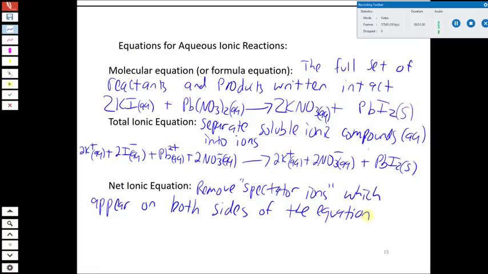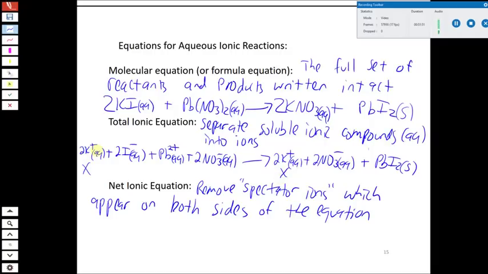They appear as a reactant, they appear as a product. In net, nothing is happening with them, so you cancel them out as what are called spectator ions. So if we look at this total ionic equation, we see that we have 2K plus as a reactant over here, and we also have 2K plus as a product. So that's one of our spectator ions, K plus, because it appears on both sides of the arrow.